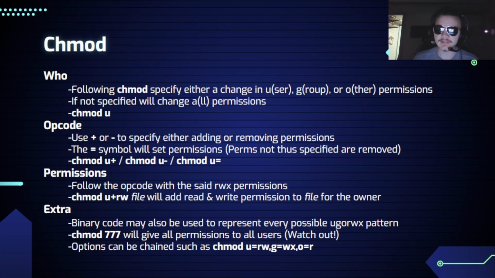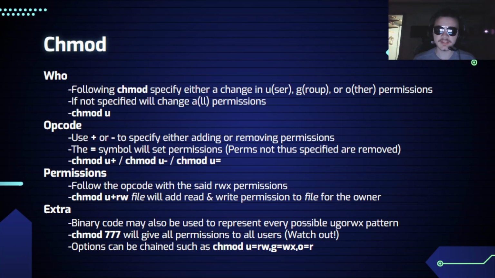An example would be chmod space u, meaning you will change only user permissions of a file. Following that would be the opcode, where you would use either a plus, minus, or equal sign to either add, remove, or set permissions. Keep in mind that if you use the equal sign and set permissions, any permissions that you don't specify will be dropped or set to no access.